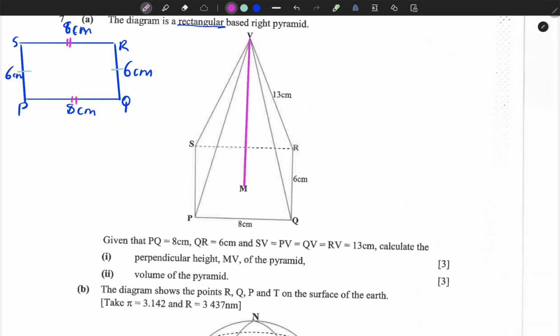Now, for us to come up with this distance, we need to find this distance so that we can come up with a right angled triangle. So let me show you a picture of what we need.